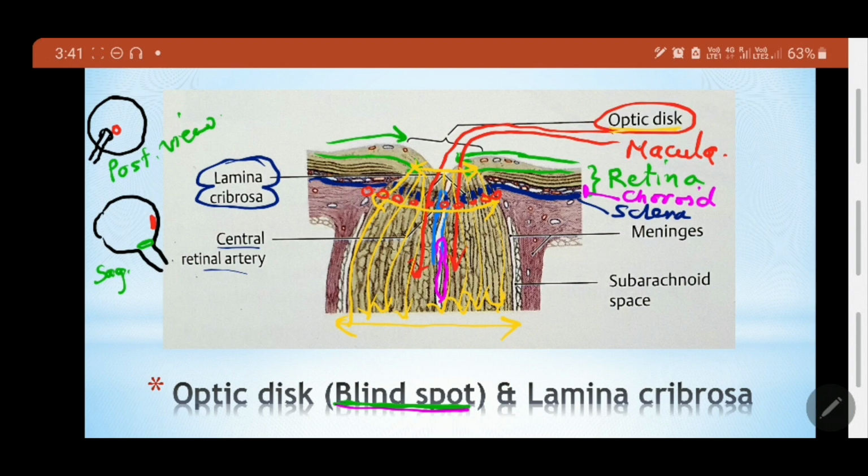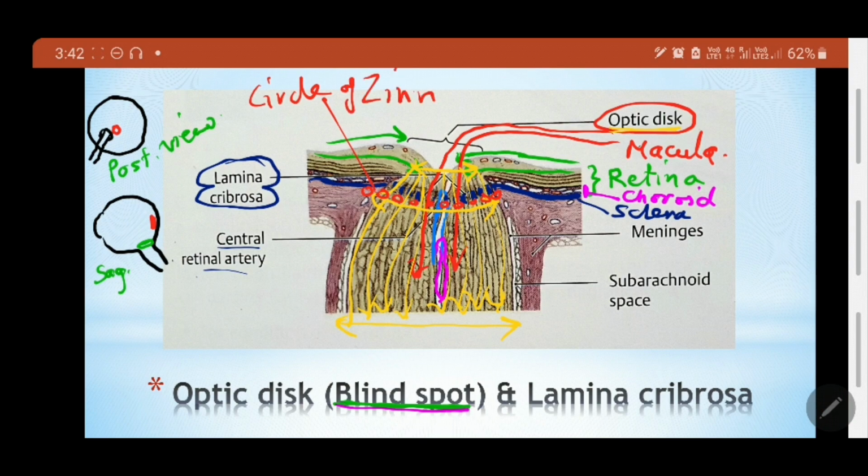So there is an additional, well perfused anastomosis at the lamina cribrosa, and that is called the arteriolar circle of Zinn.